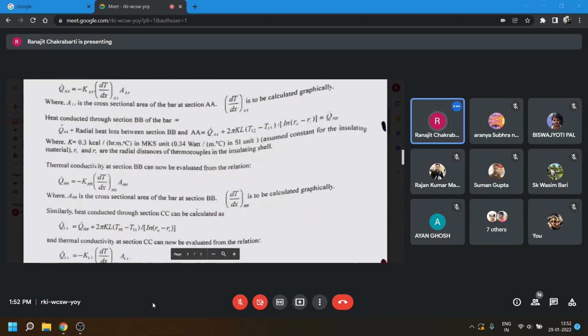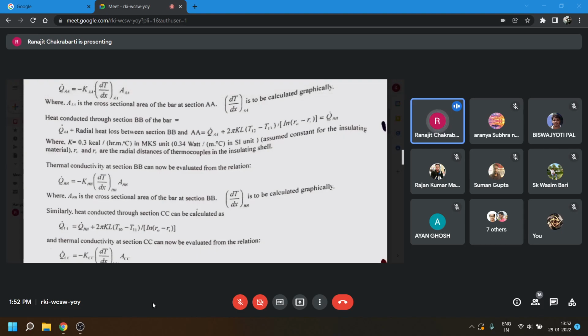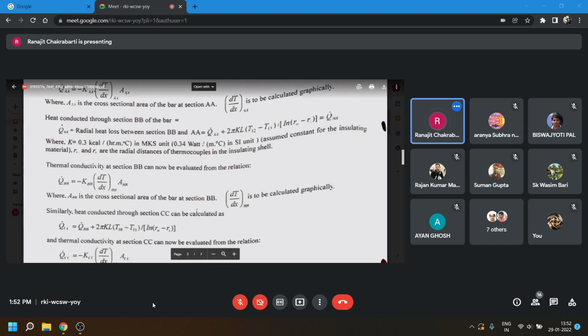You can see here, Q dot BB, that is the heat entering through the section BB, is equal to Q dot A plus this is the heat lost between section BB and section A in the radial direction. 2 pi K L, K is the thermal conductivity of the insulating powder, which is given here.